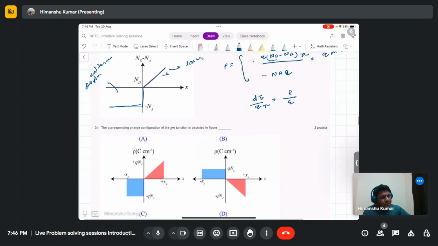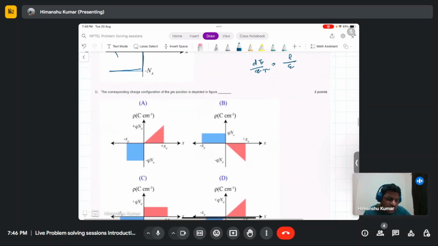Now you can apply Gauss's law in these two directions.